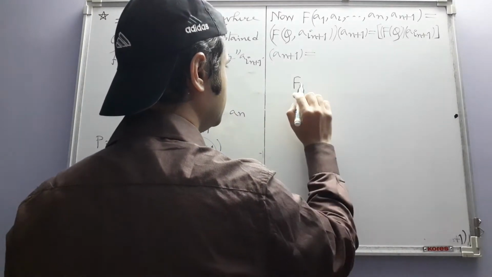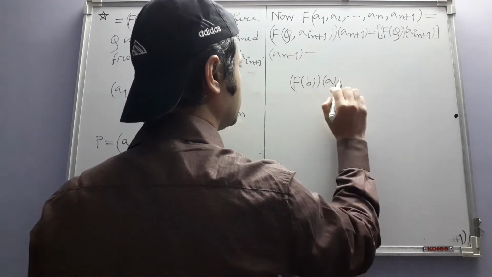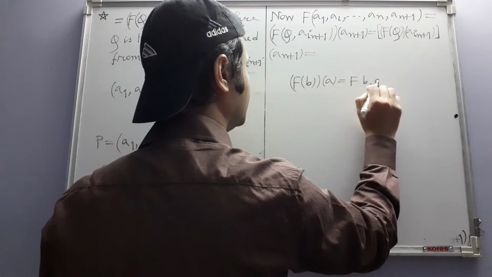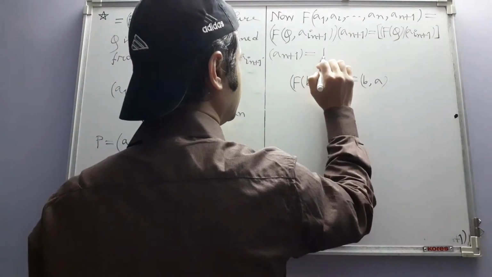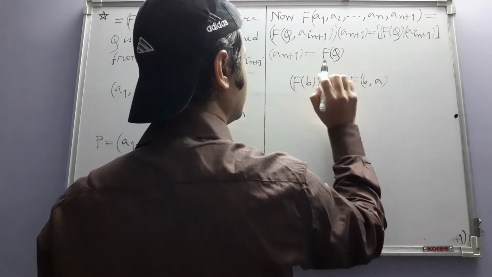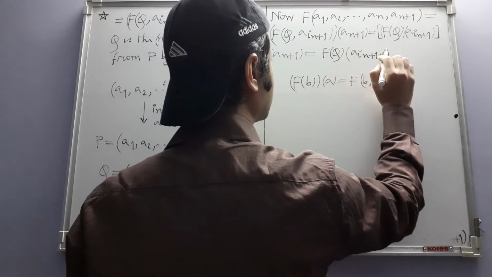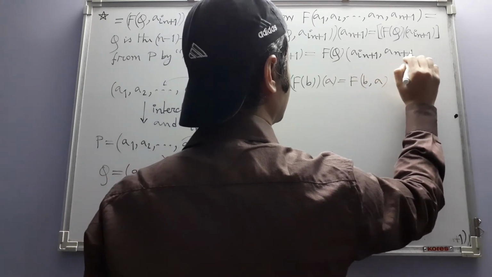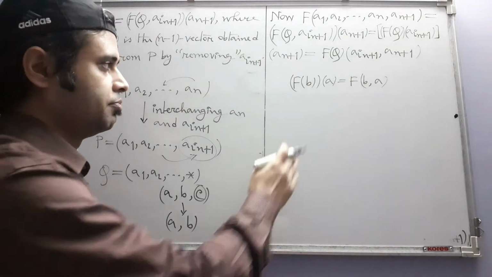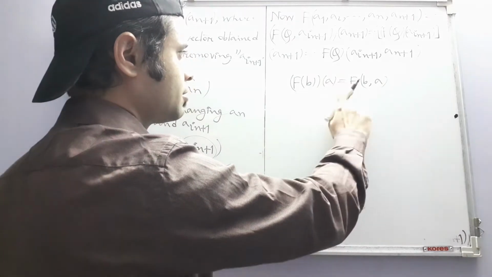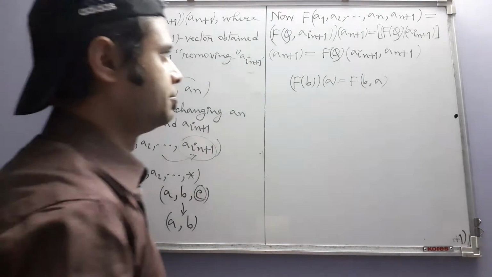You have a field, you have say B and you have A. So this is nothing but F_B comma A. So similarly you have F_Q a_{i_{n+1}} comma a_{n+1}. Okay, we can write this because of the fact that we have devised the notation like that.